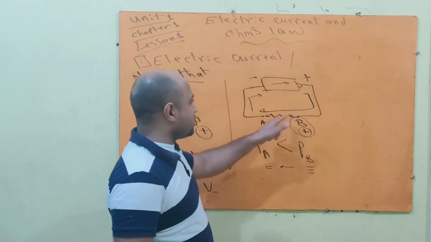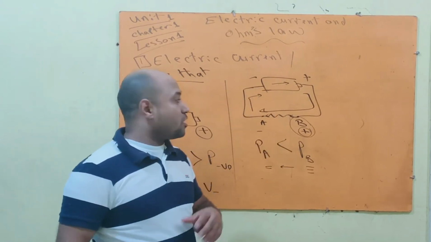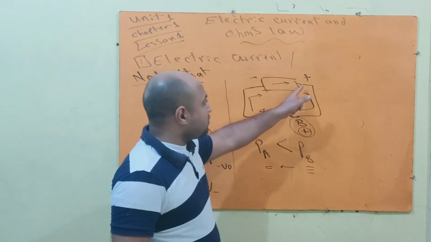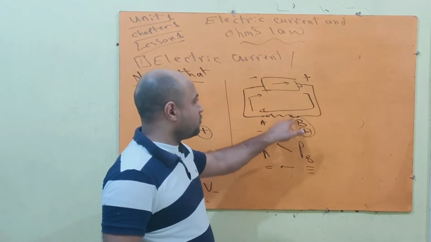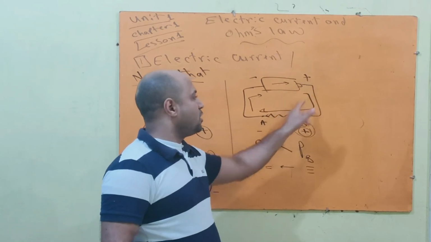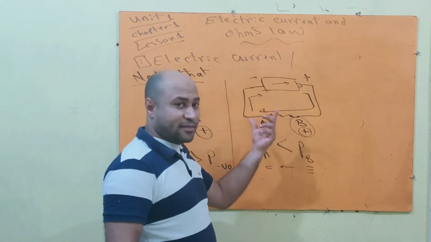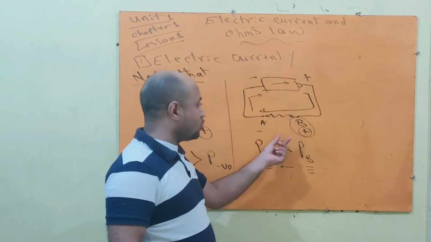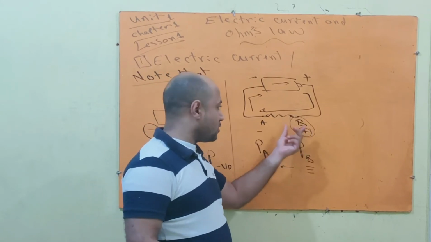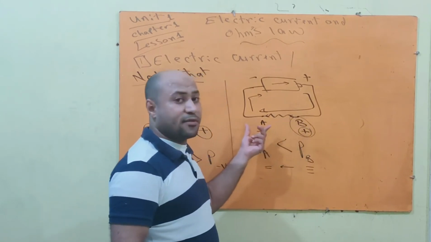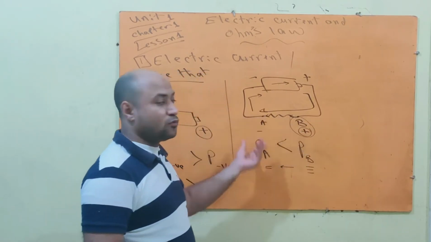In the external circuit, the electric current, which is called conventional current or current flow, flows from positive pole towards negative pole. So this point is positive because it is connected to positive pole, and this point is negative because it is connected to negative pole. So the current in the wires in the external circuit flows from the point of positive pole towards the point of negative pole, from the point of high potential toward the point of lower potential.